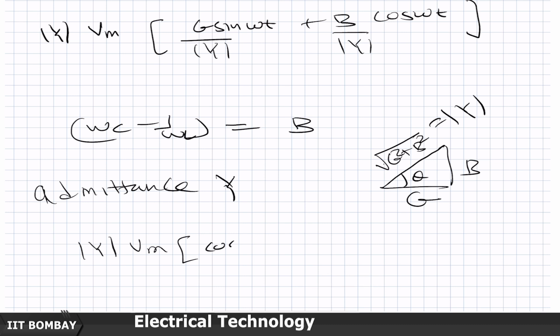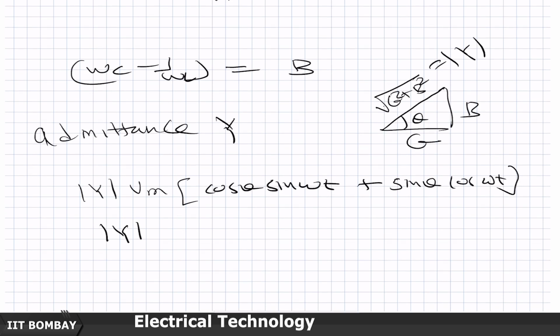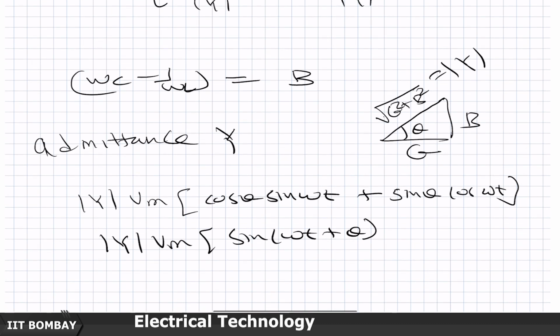So cos of theta sine of omega t plus sine of theta cos of omega t, and so Y times Vm sine of omega t plus theta.